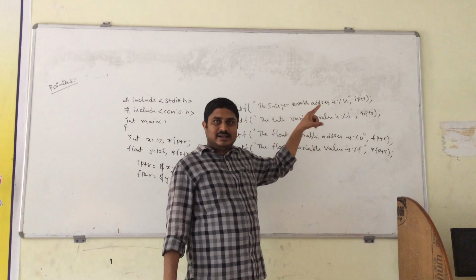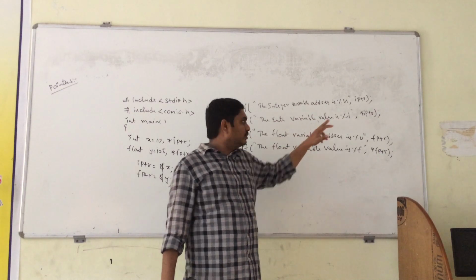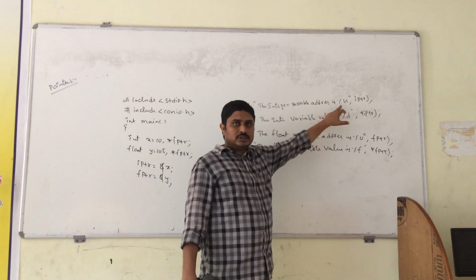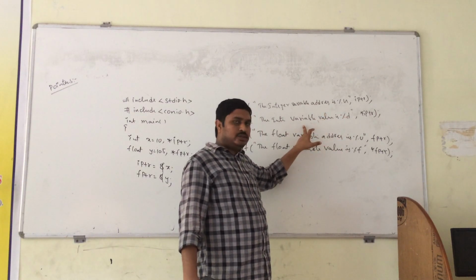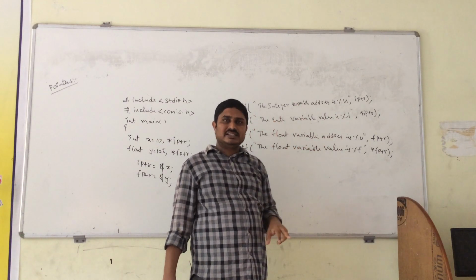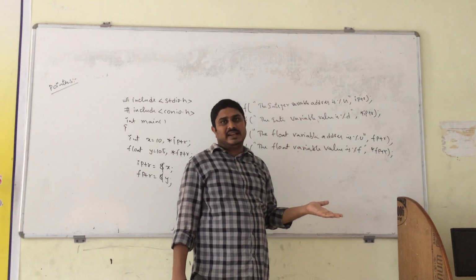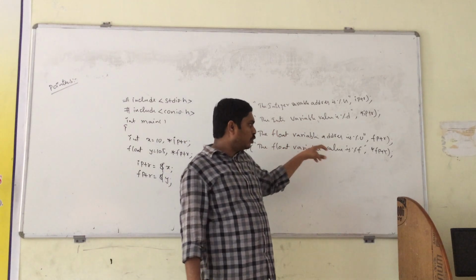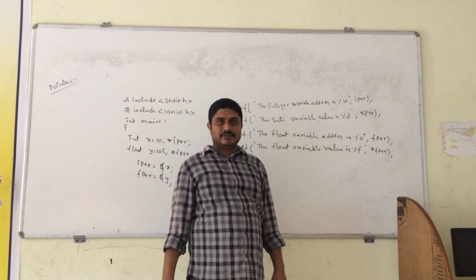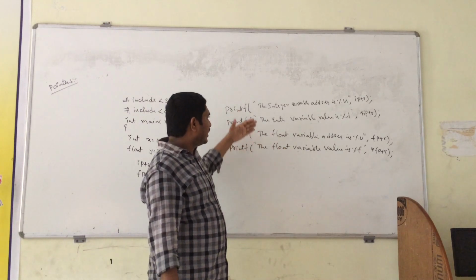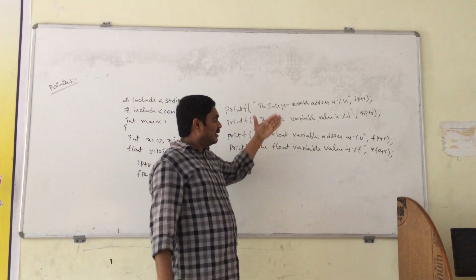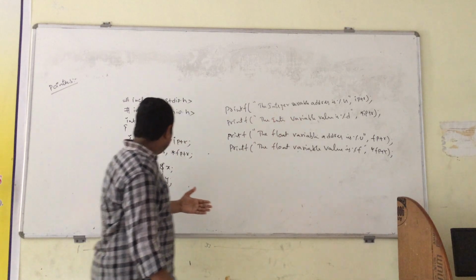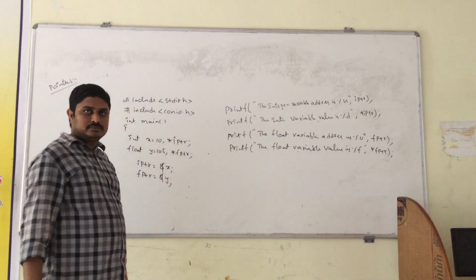For printing the address, for any type of pointer, we use %u. While printing the value, for an integer pointer we use %d, and for a float pointer we use %f. In this way, we can print the addresses and the values with the help of pointer variables.